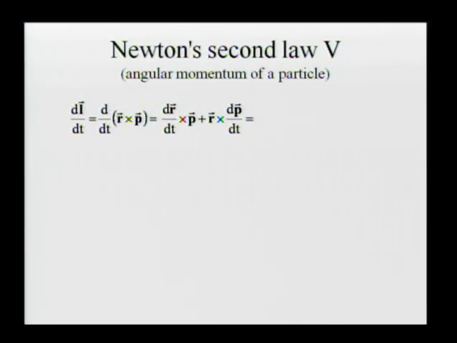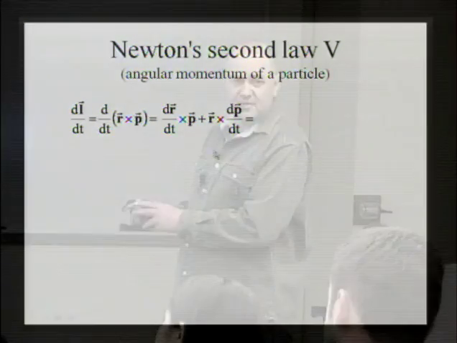It's the product rule, correct. It's a mathematical step. The derivative of a product is a sum of appropriate products. Now, remember that the vector product is not commutative. It does matter in which order you multiply the factors.